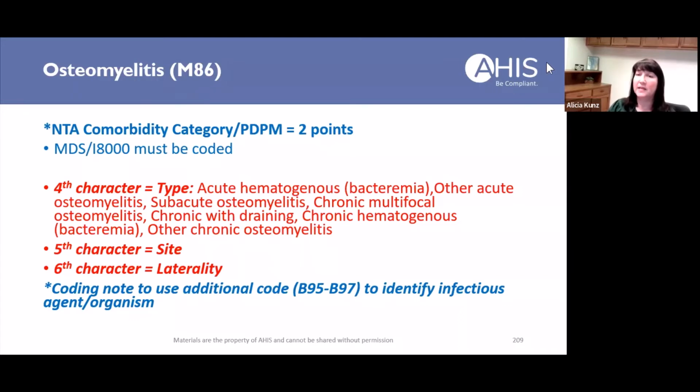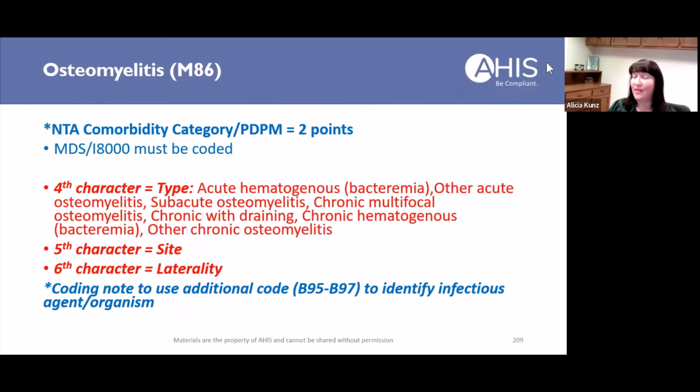And because it is an infection of the bone, there is an instructional note telling us to use an additional code from category B95 to B97 to identify what's causing it, what the infectious organism is. Remember, we talked about infections yesterday. I was saying there's two types. There's combo codes like A41.51, which is sepsis due to E. coli.